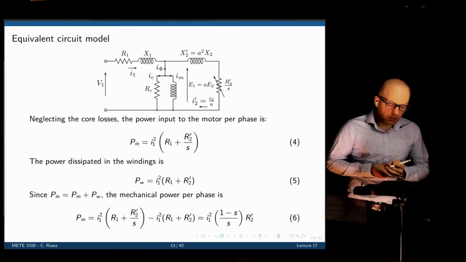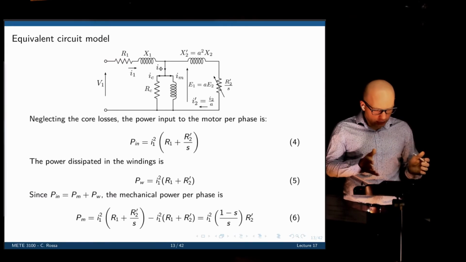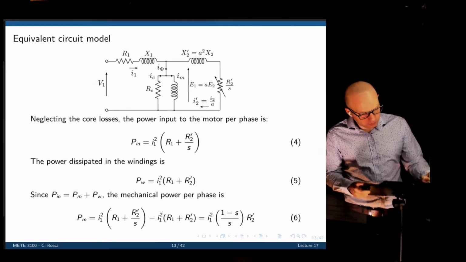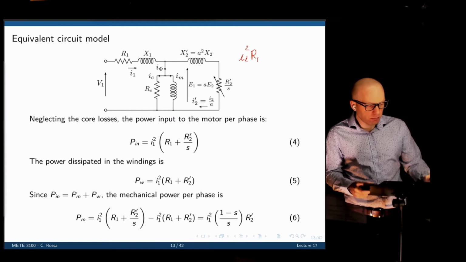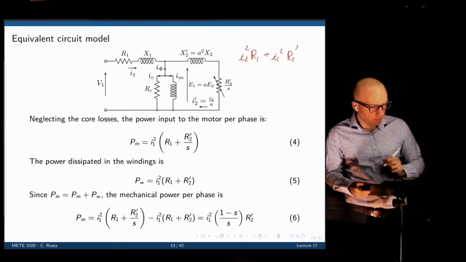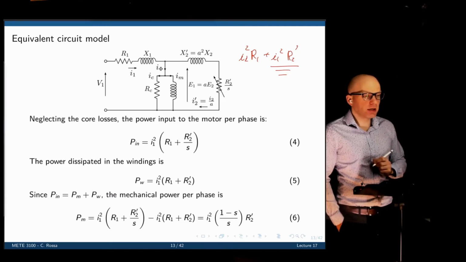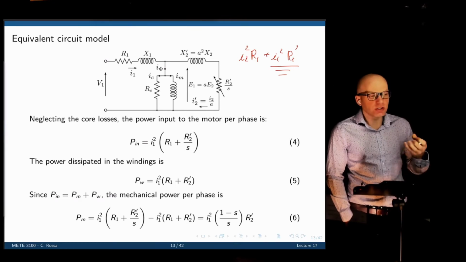What has now been dissipated in the winding? Well, it is a very similar expression, but what you're dissipating is I1 squared times R1 plus I1 squared times R2 prime. Remember that this represents the power dissipated in the motor when it does not rotate, the copper loss in the rotor.